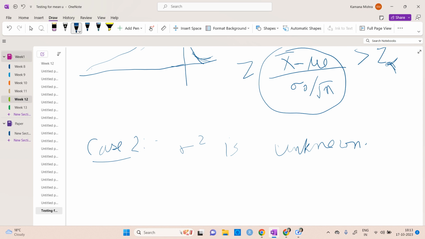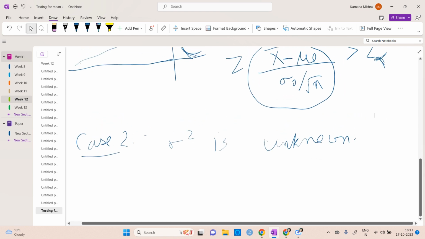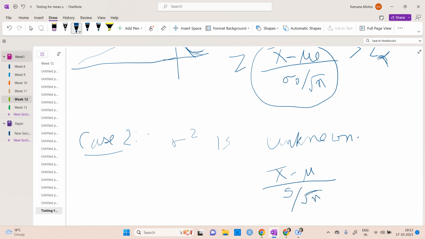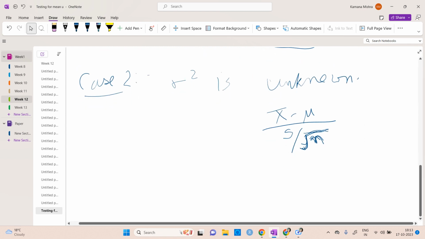But if it is not known, then what will we do? We will take x bar minus mu divided by s upon root n. In the above part we took sigma naught, but in the below part we take s, the sample standard deviation. Because we do not know the population variance, we call this statistic t.